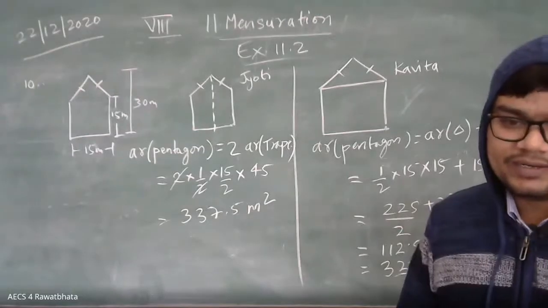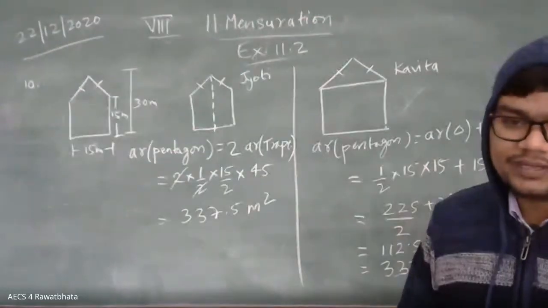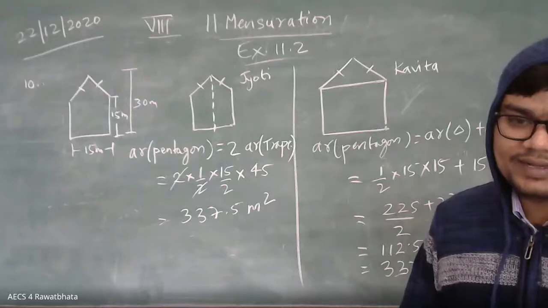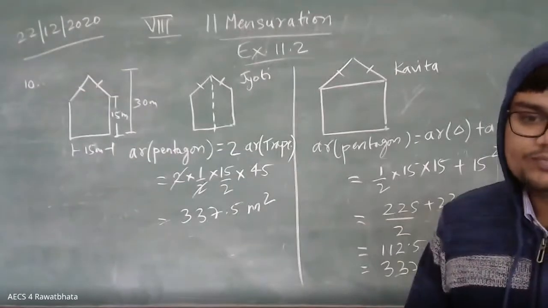Sir, I have written in the chat box the other method. Yes, we can think of it as a rhombus and three triangles. Good. We can make one rhombus and three triangles.